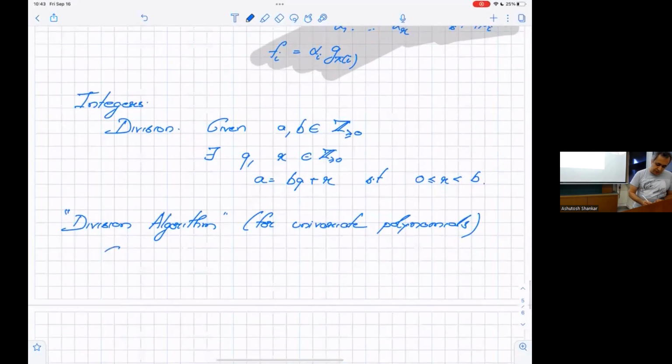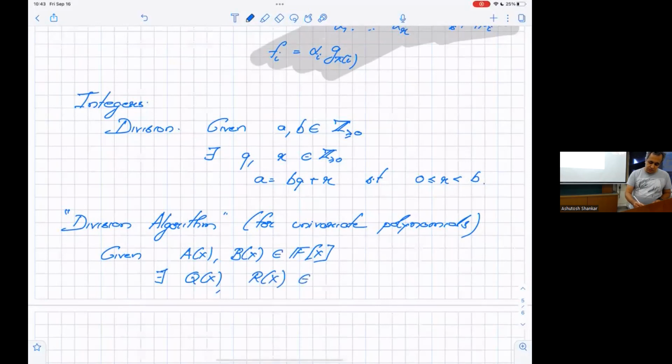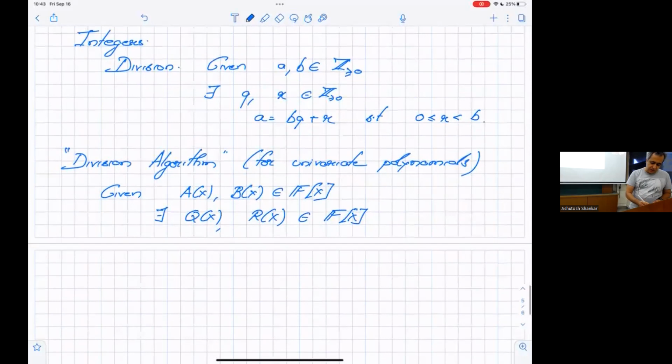Given A of x, B of x in the polynomial ring, there exist a quotient polynomial and a remainder polynomial, also in F of x, such that A of x equals B of x times Q of x plus R of x.